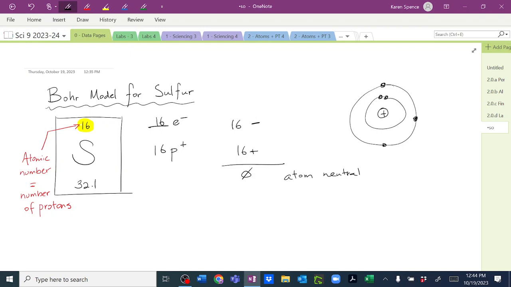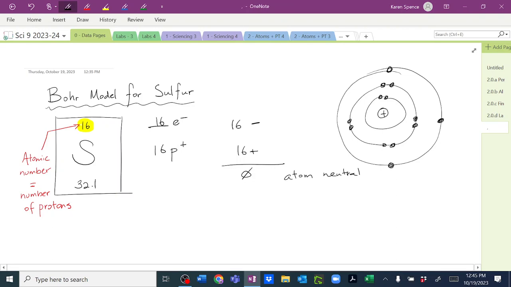Remember, go around the circle. You don't pair them up until they have to. 5, 6, 7, 8, 9, 10, 11, 12, 13, 14, 15, 16.